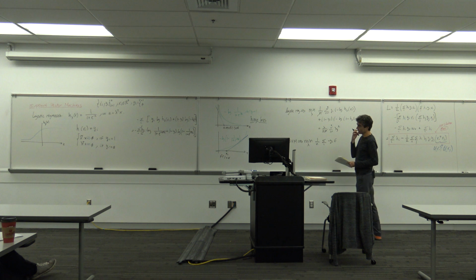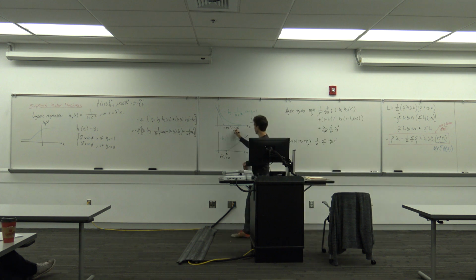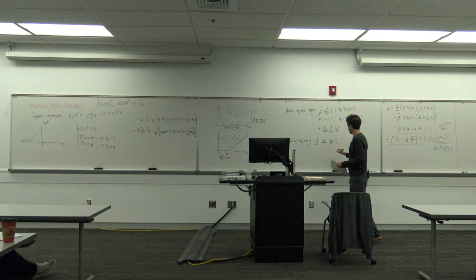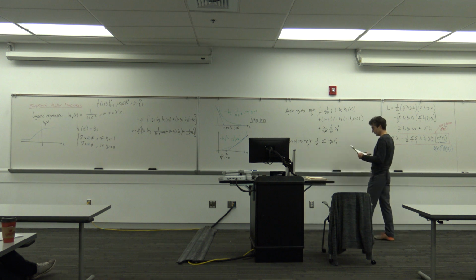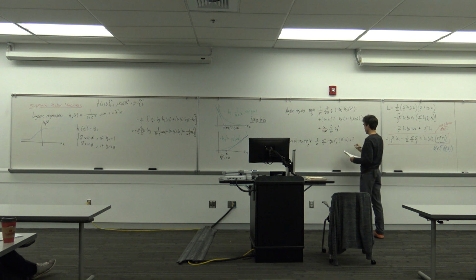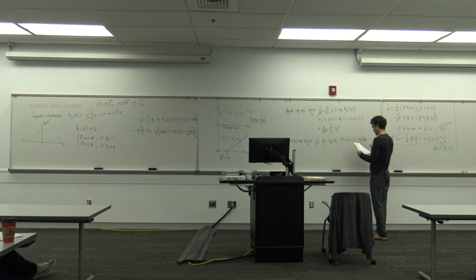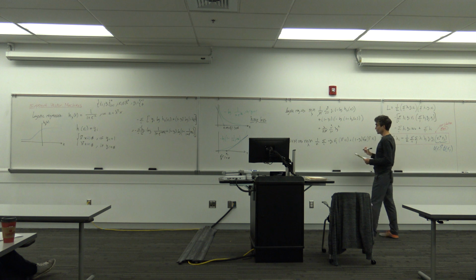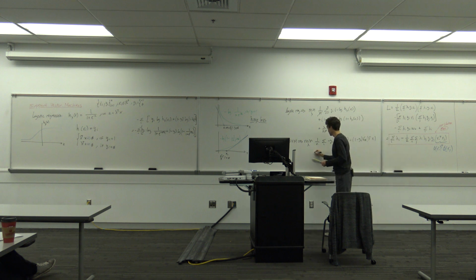Let me call this f1 for the positive samples and f0 for the negative samples. So we have f1 of lambda transpose x_i, plus 1 minus y_i times f0 of lambda transpose x_i, plus what else?